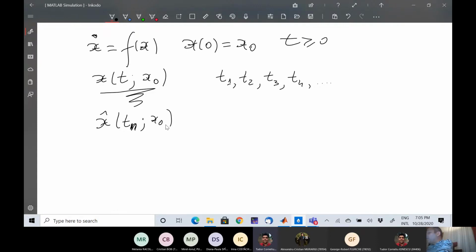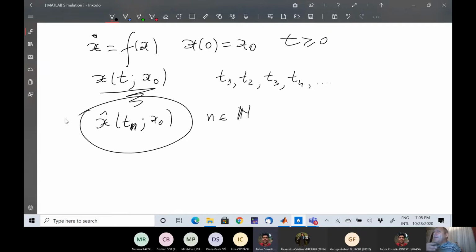x0 plays a fundamental role, and N is a natural number. This is what will be computed subsequently by the MATLAB routine.